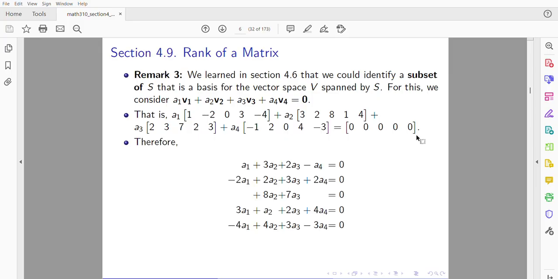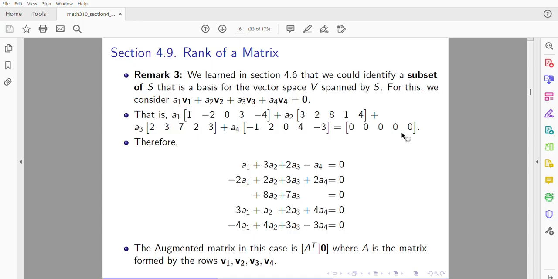That gets us a linear system. Assuming my calculations are correct, I get this system. I have 5 equations, 4 variables, right-hand side is all zeros, which gives me an augmented matrix.